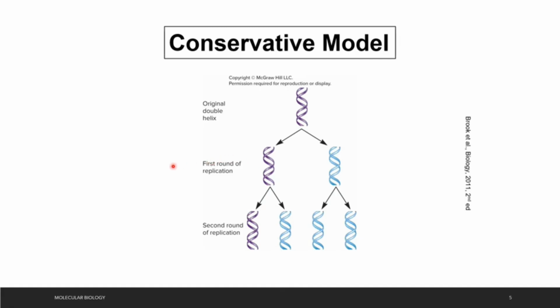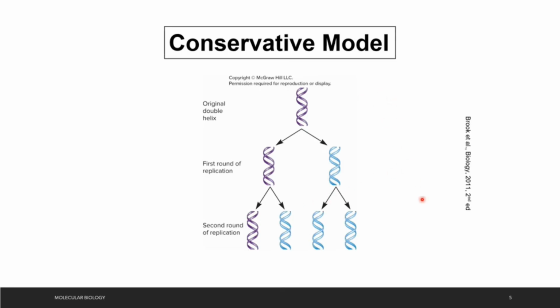So basically, you can imagine that during the replication, the entire 2 strands are replicated together, and after the first round of replication, one of the two new DNA molecules will have both strands completely coming from the parental strands, and the other DNA molecule will have both strands newly synthesized, and so on.